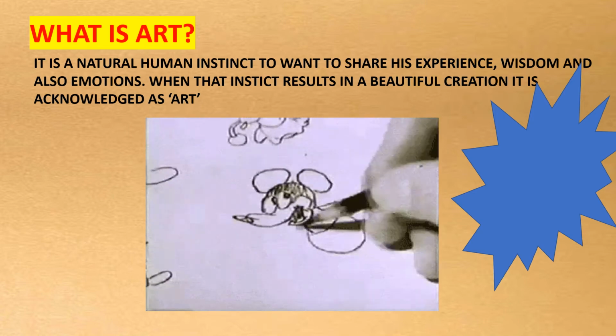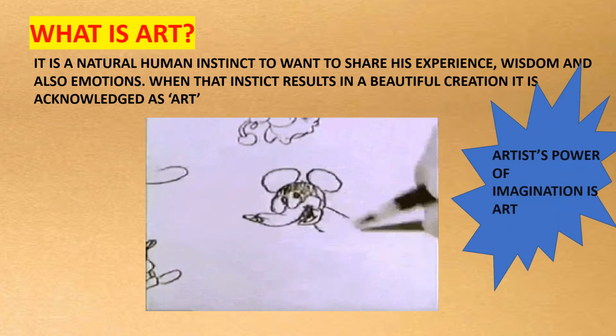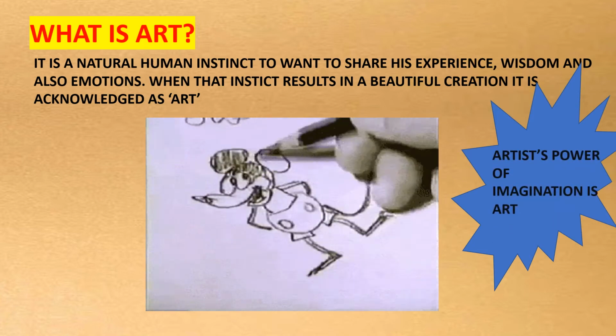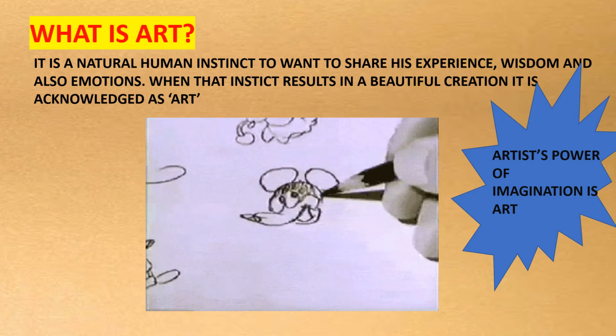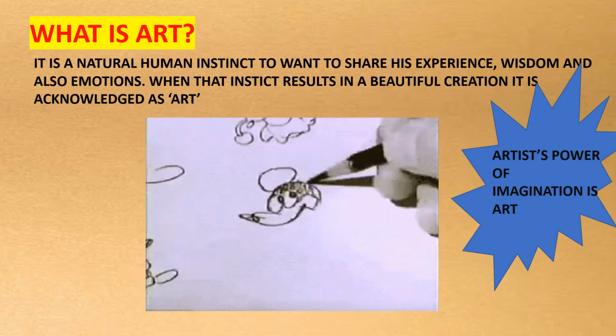All these factors are very important at the root of artistic creation. So art is nothing but artist's power of imagination, based on his state of emotion and his skills.